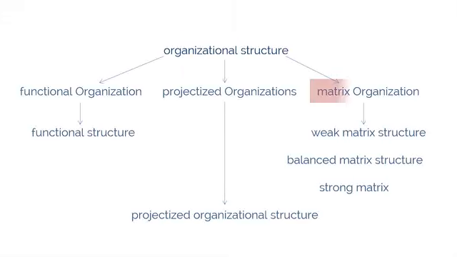What about using a matrix organization for administering projects? Well, a matrix organization reflects a blend of functional and projectized characteristics to facilitate the responsive and effective participation of people from different parts of the organization on projects that need their specialized expertise. Under this structure, people from different areas of the organization are assigned to lead or work on projects for the duration of their need.